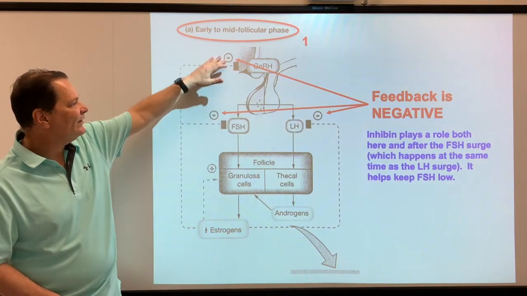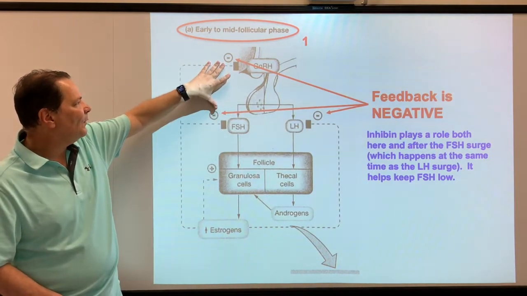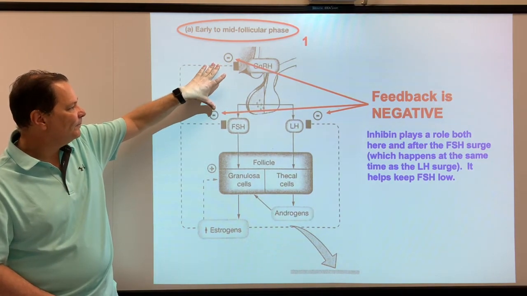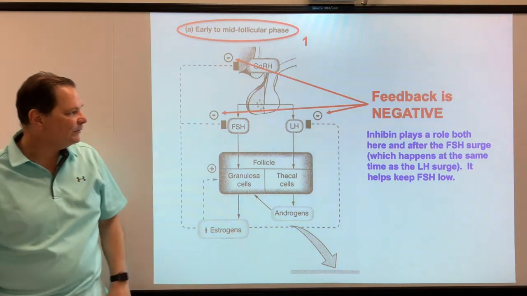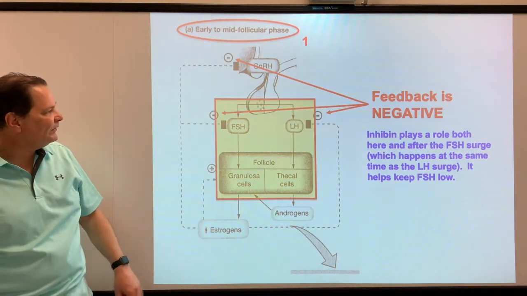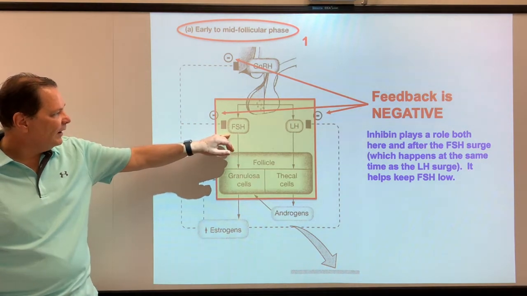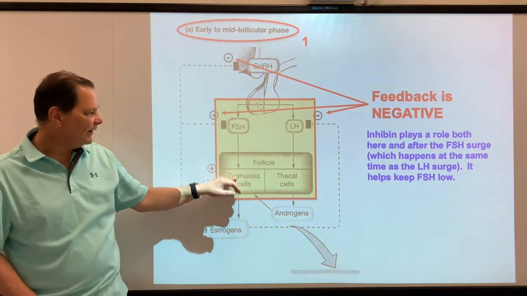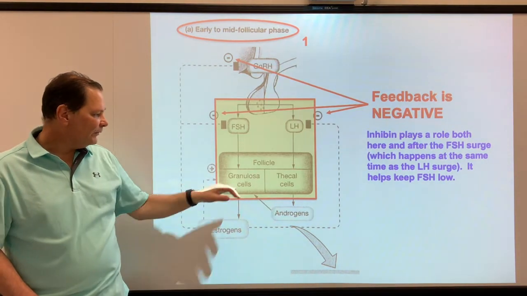And notice we have this negative feedback of estrogen upon the release of gonadotropins from the anterior pituitary, okay? So here we have our anterior pituitary secreting our FSH and LH, which are gonadotropins, and those are stimulating the follicle to produce estrogen.